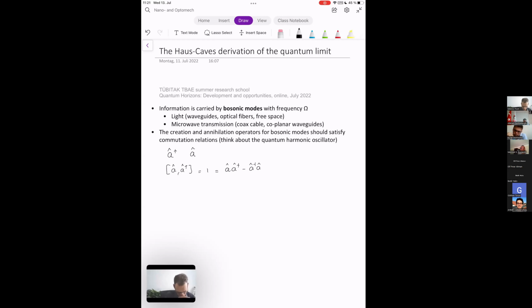And in this case, we know that this thing here corresponds to the number operator. And this is the number operator after we have first created an extra boson in our harmonic oscillator or our bosonic mode.